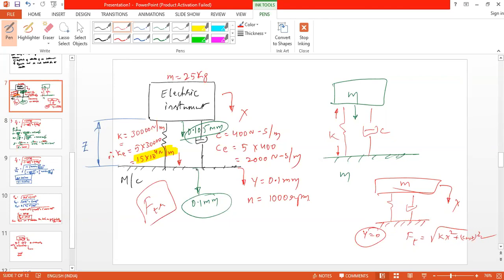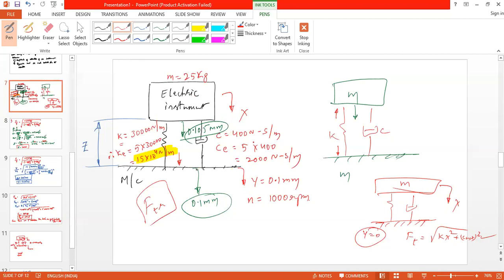Did you understand? Yes, sir. If the support is fixed, then we must use this equation. But in this case, both the support is getting displaced and the mass is getting displaced.